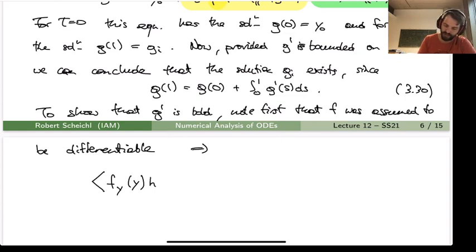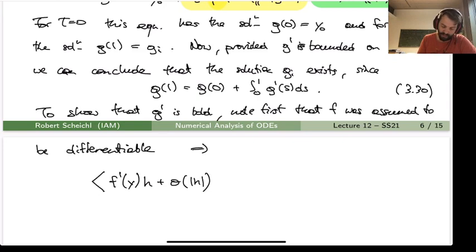We're autonomous, so I'm just going to do this cleanly: f prime y h plus little o of modulus of h.